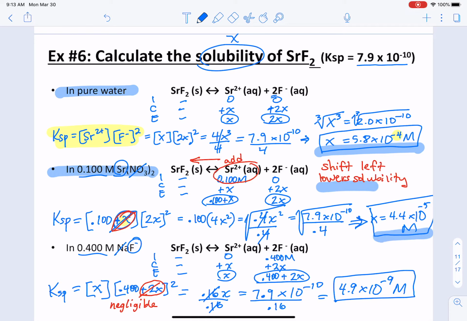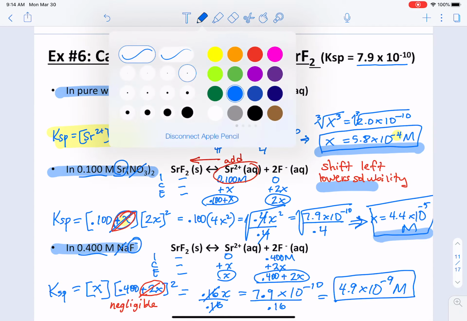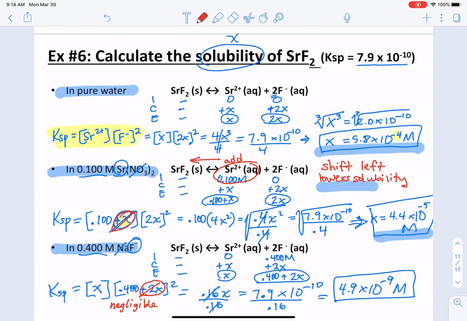In the third example, where we have a solution of sodium fluoride, we added some common ion, which in this case was fluoride. And again, it causes a shift to the left and lowers solubility. And indeed, the solubility dropped to 10 to the negative 9. It is quite a bit less soluble as that value becomes smaller.